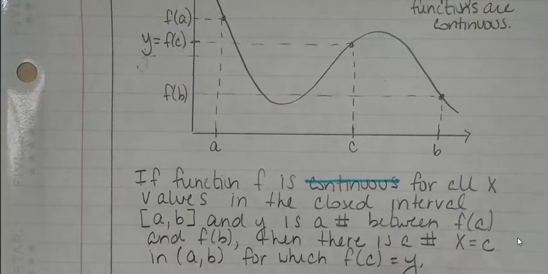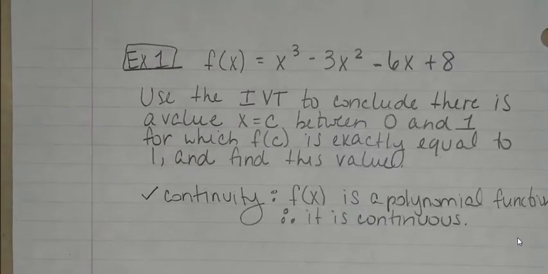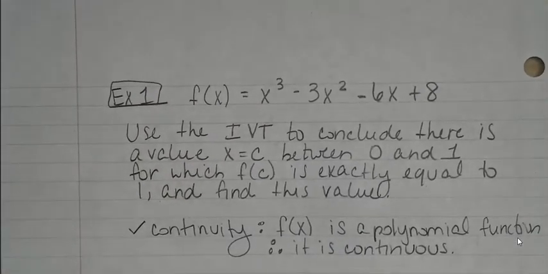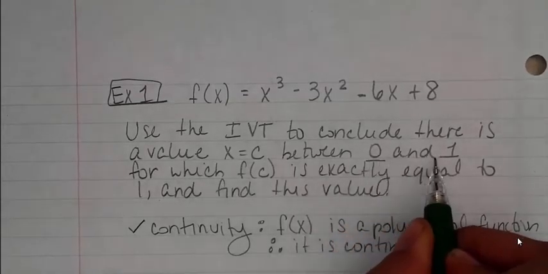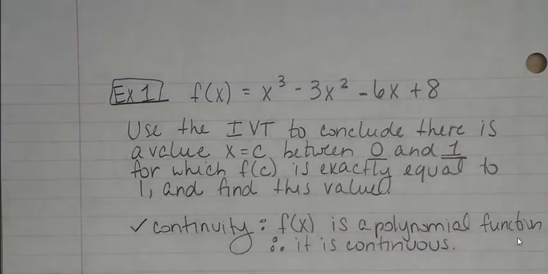My inputs that I care about happen to be between 0 and 1. So we need to find a value in between 0 and 1 and in between those two outputs, f of 0 and f of 1.